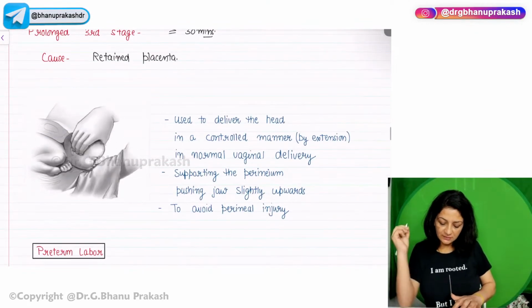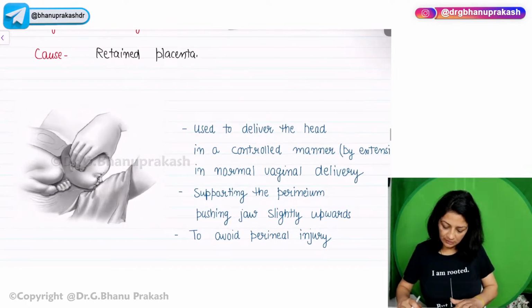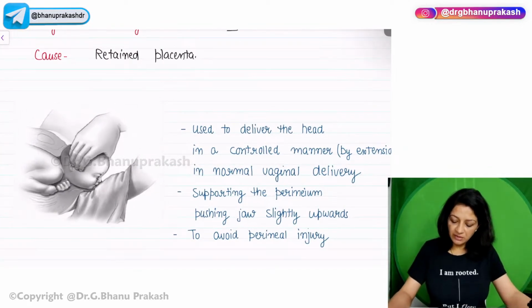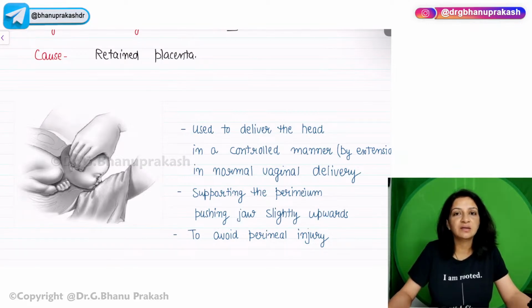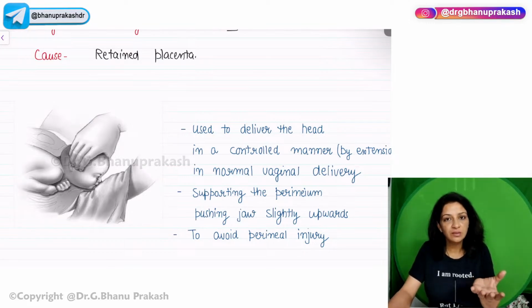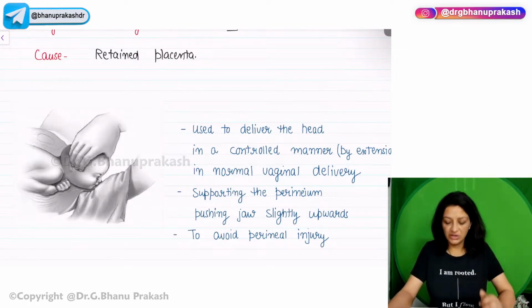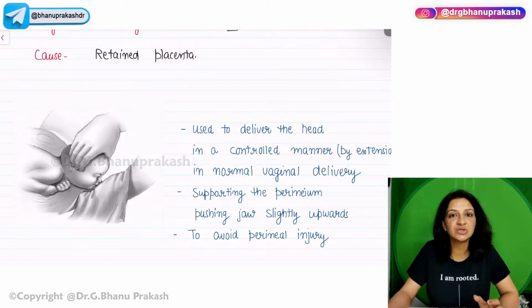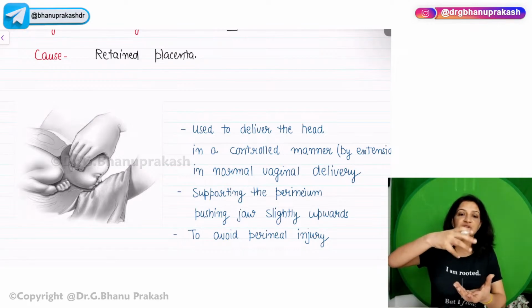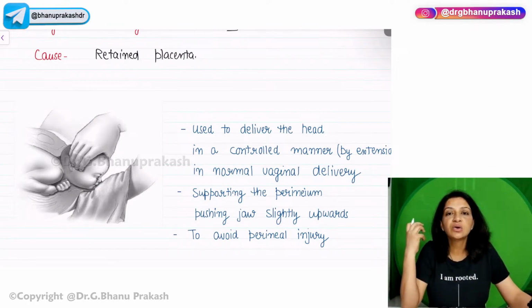So next one is identify the maneuver used to deliver the head in a controlled manner in a normal vaginal delivery. एक हाथ से क्या करेंगे? We will support the perineum को support करेंगे, pushing the jaw slightly upward direction and to avoid the perineal injury. साथ ही क्या करेंगे? हेड को हम एक्सटेंशन में रखेंगे for the delivery of the fetal head in a controlled manner.